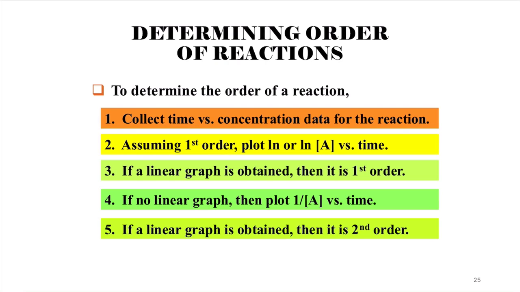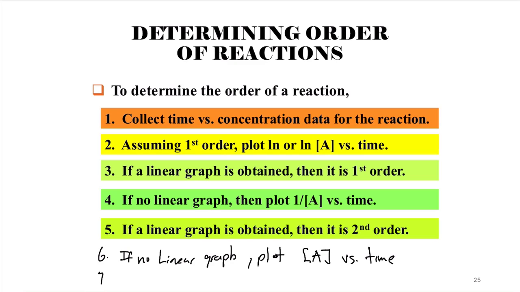So I'm going to add a step here. If no linear graph, plot A versus time. And then if linear, then it's 0th order.